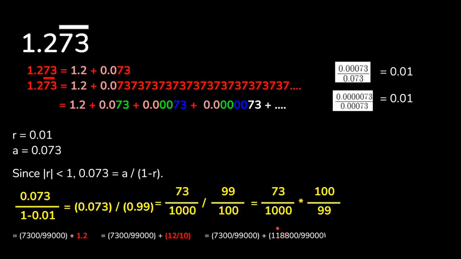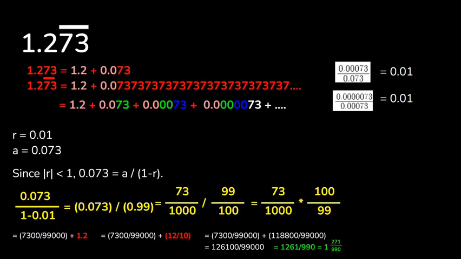Obviously, it would take a long time, but you could multiply these all out by hand. Now you add these together, you can add these together because they have the common denominator of 99,000, and you get 126,100 divided by 99,000.